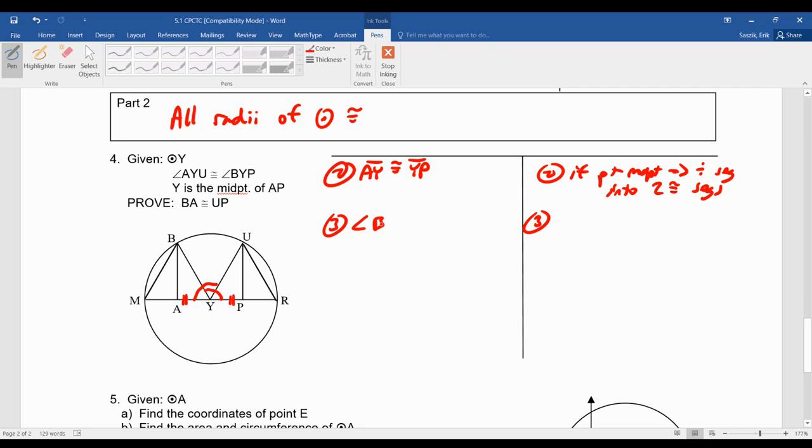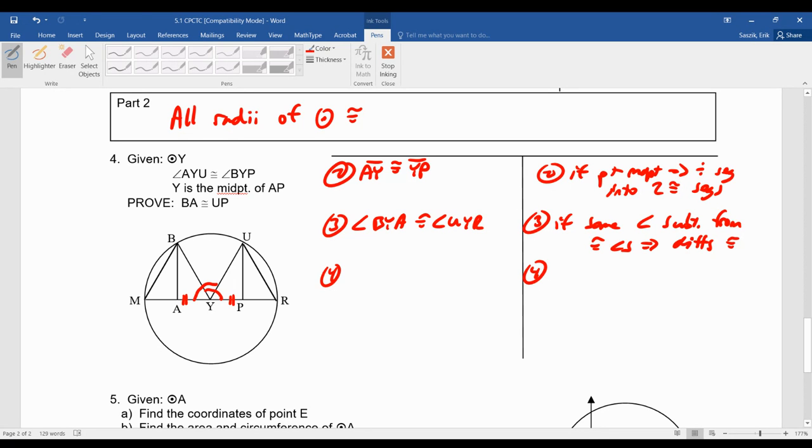I'm going to say angle BYA is congruent to UYP if same angle subtracted from congruent angles, then the differences are congruent. Make sure it's plural there.